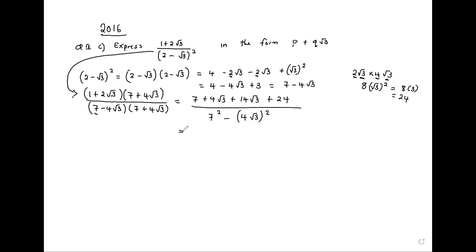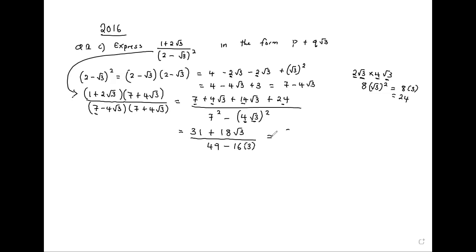This is the same as 7 plus 24, we get 31, plus 14 plus 4, we get 18 root 3, over 49 minus 4 times 4 is 16, multiplied by root 3 times root 3, which is 3.